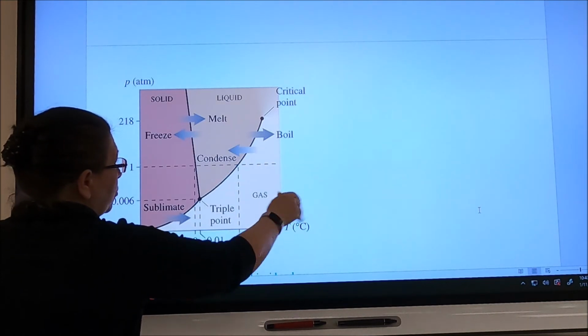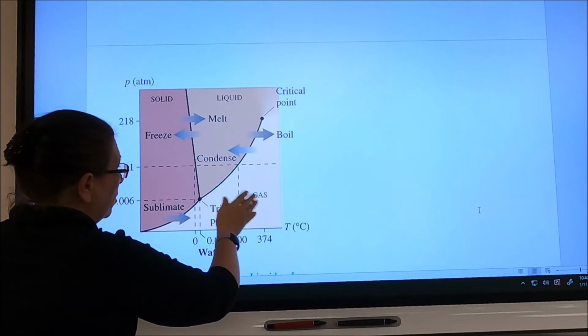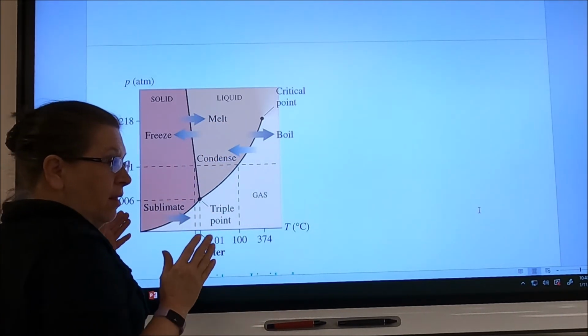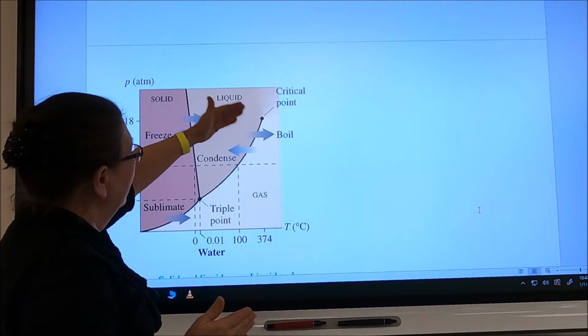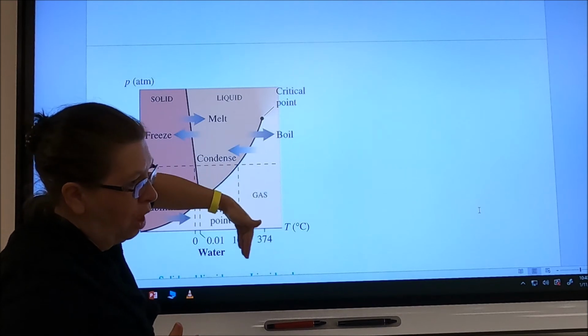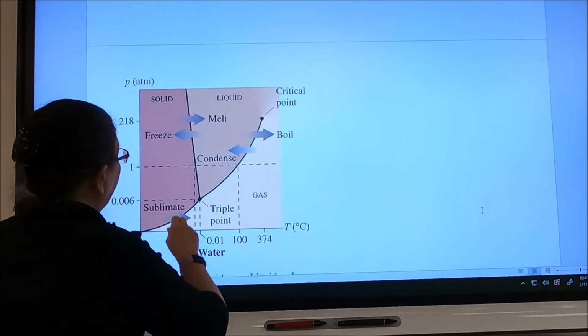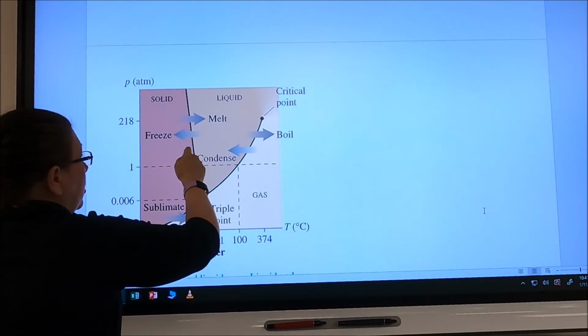Gases are where the temperature is higher and the pressure is lower, and liquids are always trapped in between the solid and the gas. So it's always solid, liquid, gas if you go clockwise around, even if they weren't labeled.